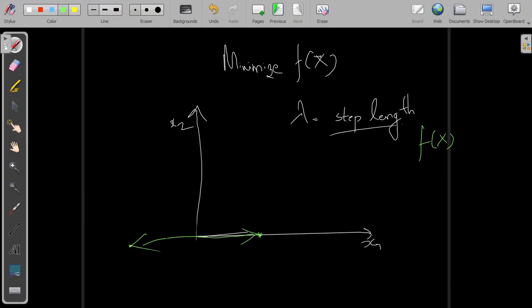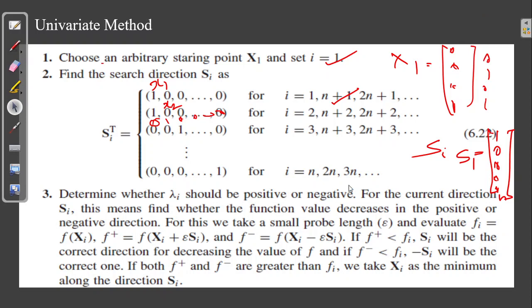That is our next concern, and that is what is explained in the third step: find whether the function value decreases in the positive or negative direction.